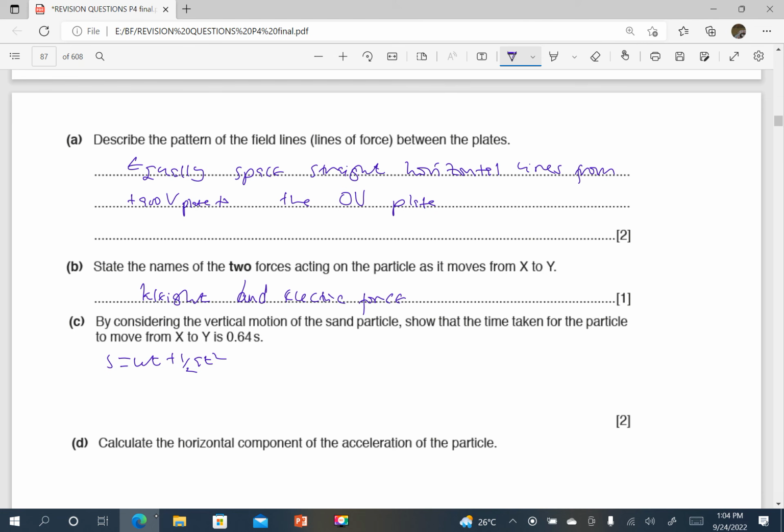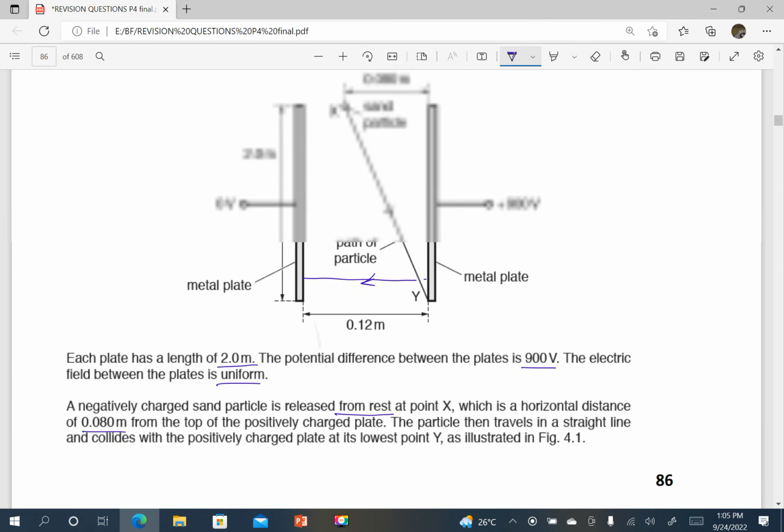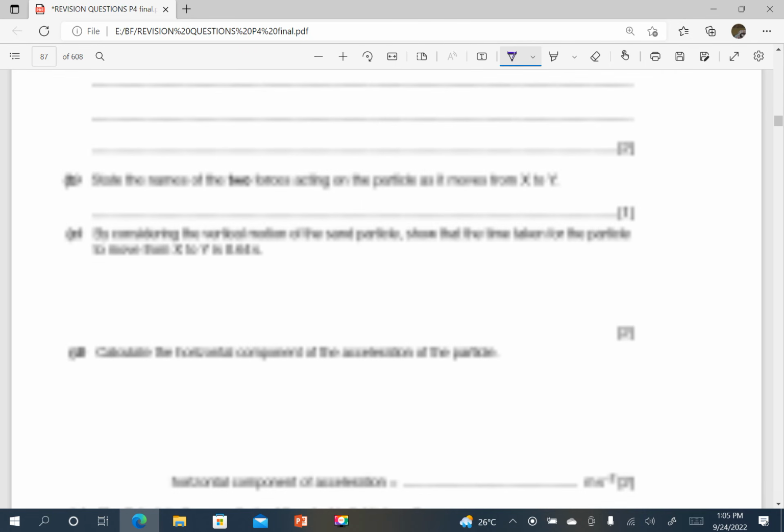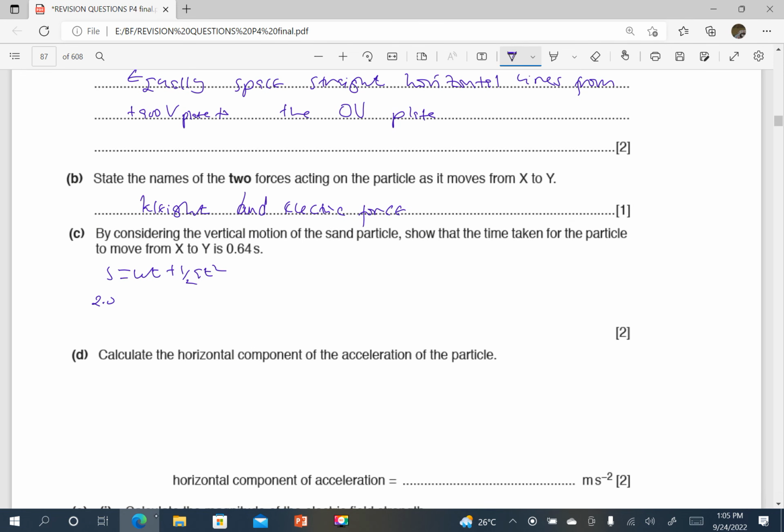S, the vertical displacement, is the length of the plates, which is 2.0. So 2.0 equals a half times 9.81 times t squared, which implies that t is equal to the square root of 4 divided by 9.81, which is 0.64 seconds.